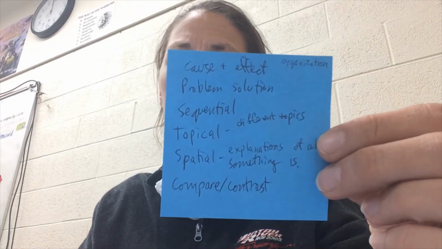If you're trying to give directions to a place, then your document would be written in, here is where you turn, and there's where you turn, and then here's the building with the red door on it, and that's where you need to be. That would be spatial. And then compare and contrast. If you're saying my product is so much better than this other product, that would be comparing and contrasting.